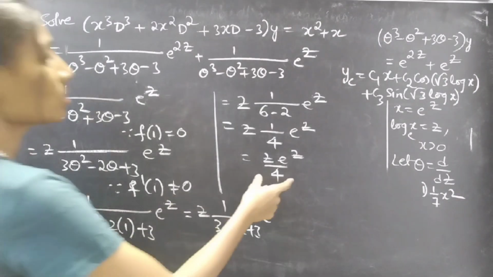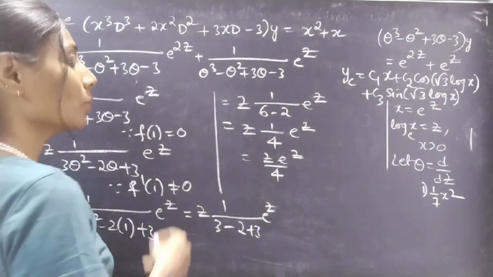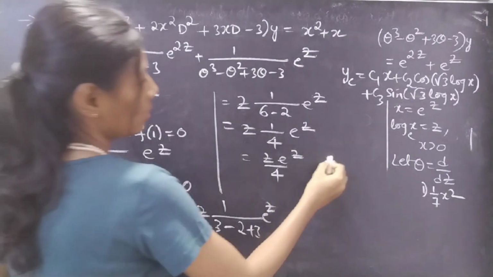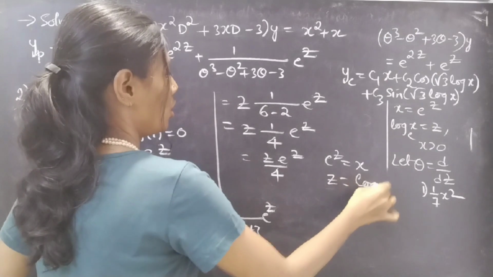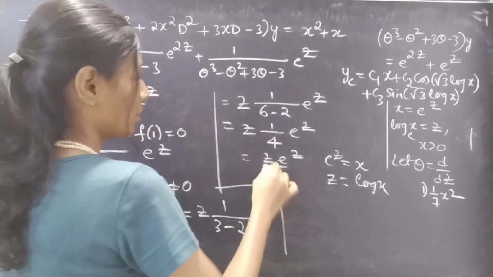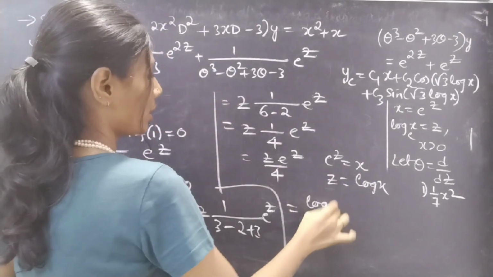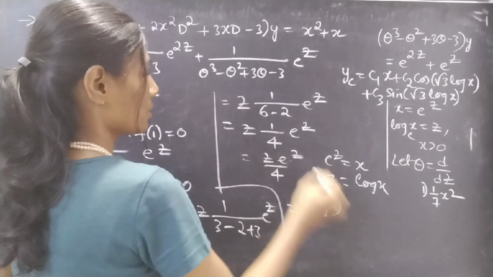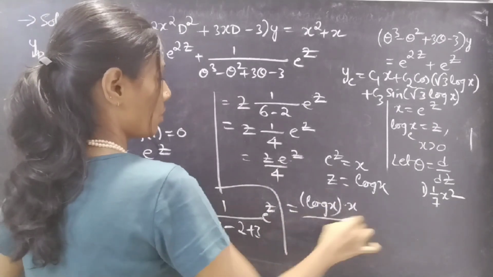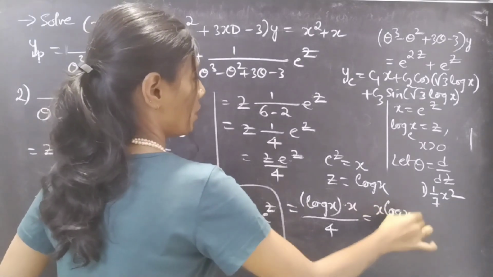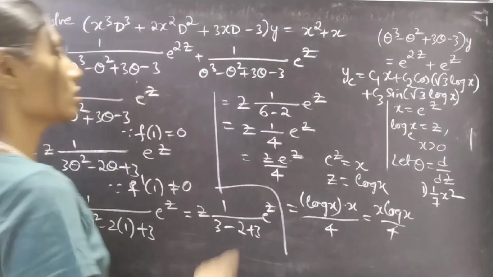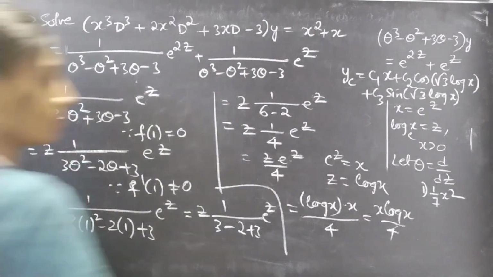Now we have the result in terms of z, but we need to write it in terms of x. So we'll replace e power z by x and z by log x. Then this becomes log x into x by 4, which equals x log x by 4. So this is the result obtained from the second term.